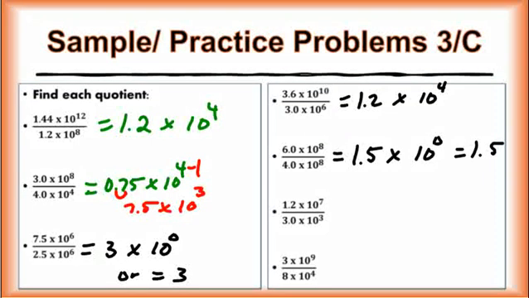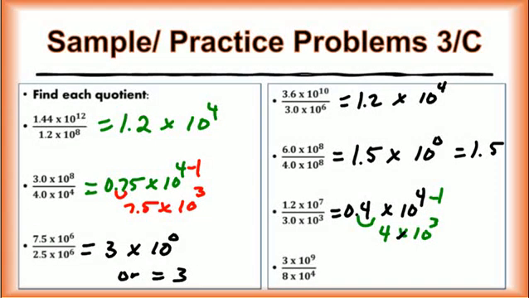And the next one, we got 1.2 divided by 3 gives us 0.4 times 10 to the 4th. It's not in scientific notation, so I need to move it 1 to the right. It means I lost a decimal place. So this would be 4 times 10 to the 3rd power.